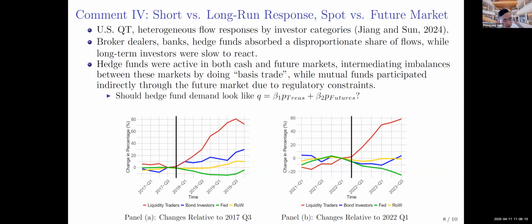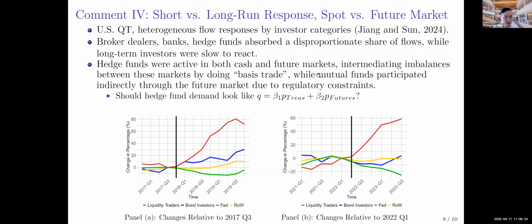And the other thing I think it would be useful to think about is the role played by the hedge funds, because they're very active in both cash and futures markets. They're intermediating imbalances between the two markets by doing the basis trade. So for example, for the past few years, cash treasury is cheap, so high return. Futures or some other swap derivatives are expensive, so low returns.